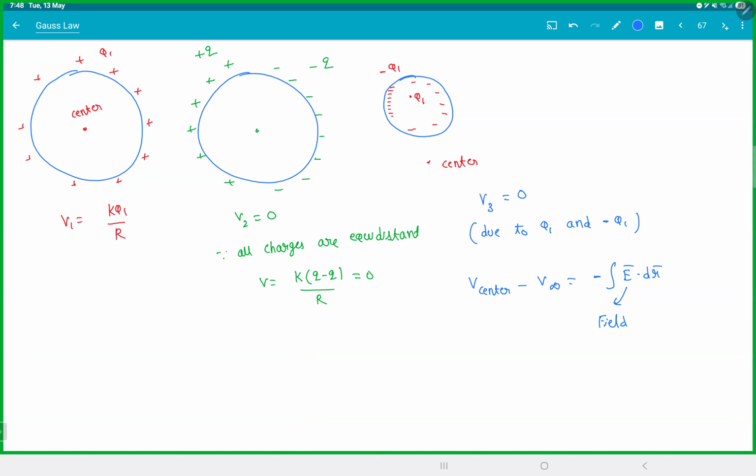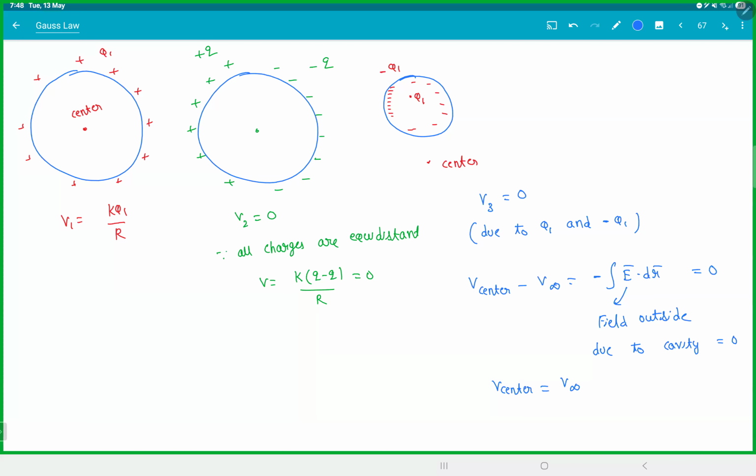Yeah. So the field outside due to the cavity will be zero. Therefore, this is zero. Therefore, V center must be equal to V infinity.